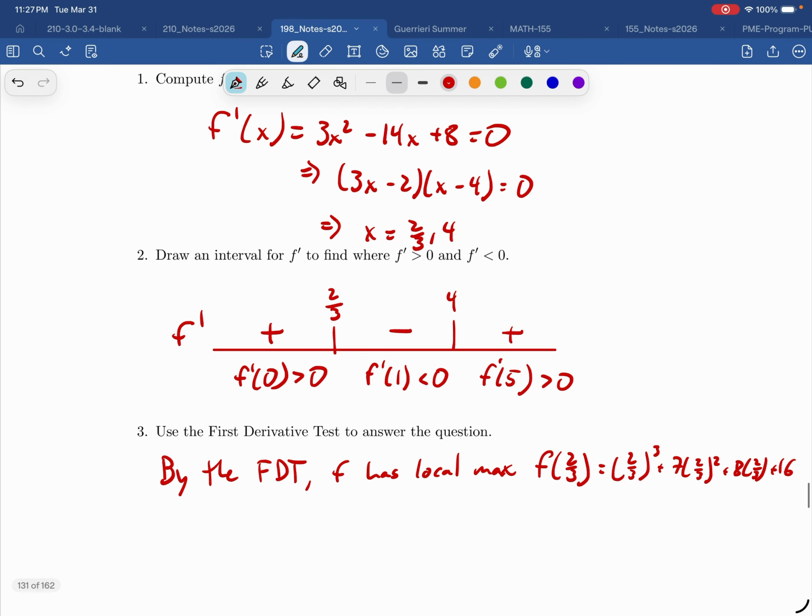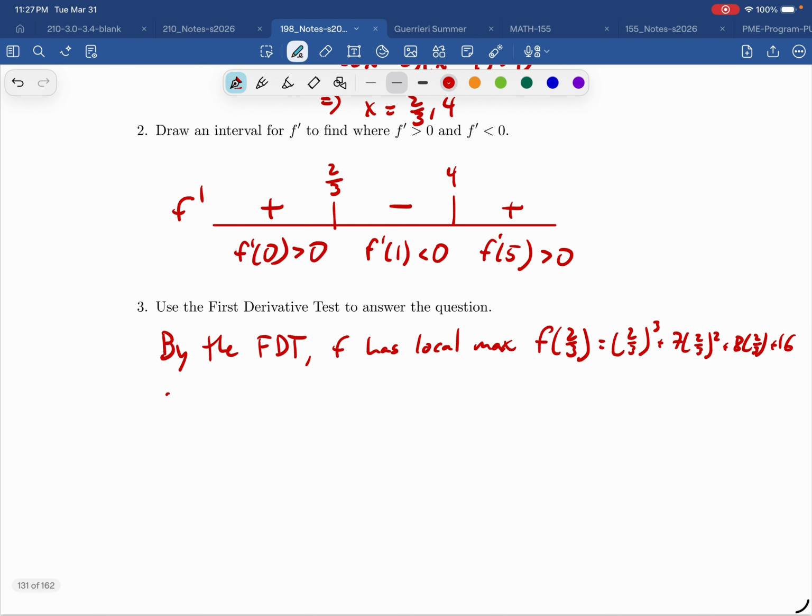Yeah, all that. And local min, f of 4, which equals 4 cubed plus 7 times 4 squared plus 8 times 4 plus 16.